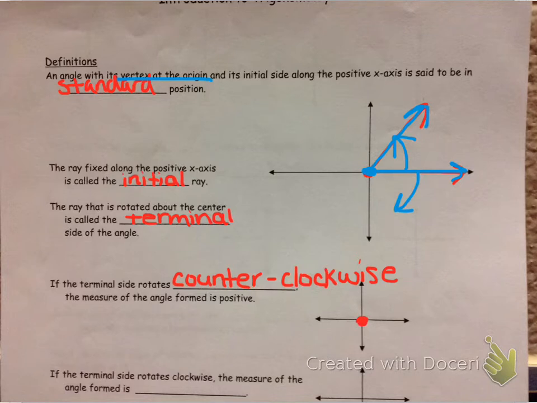Here's my vertex, here's my initial side or initial ray. If I'm rotating counterclockwise, that makes it a positive angle because it's rotating up first. Even if that angle spun all the way around down here into quadrant 3, which has negative numbers all over the place, it still spun up first. And so that's what would make it a positive angle.